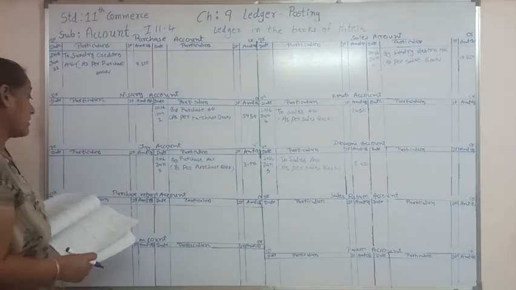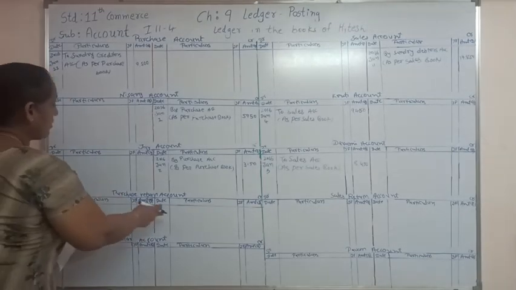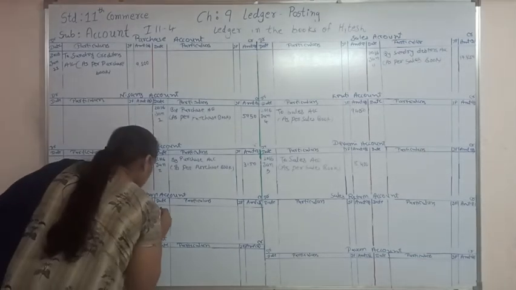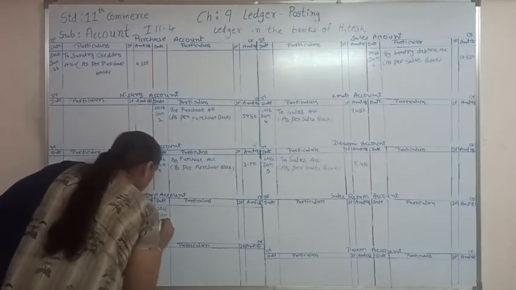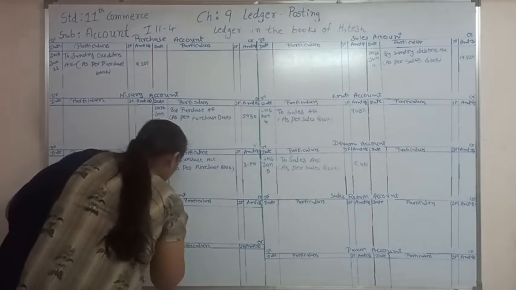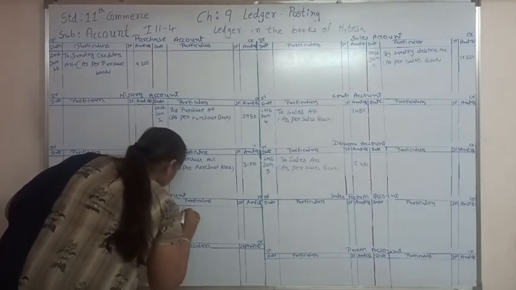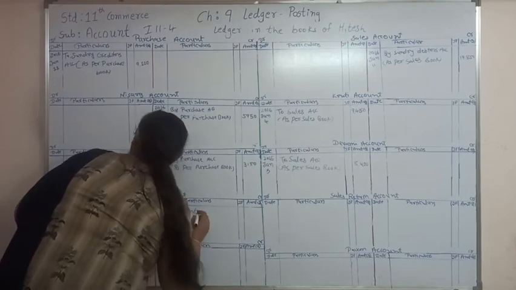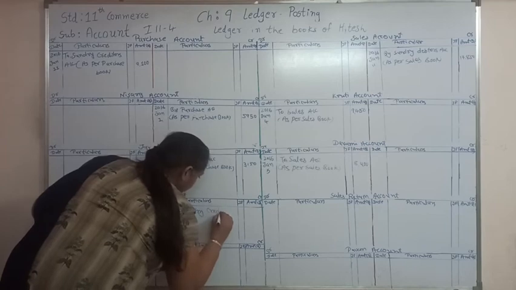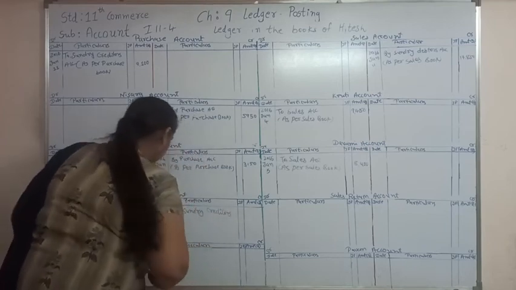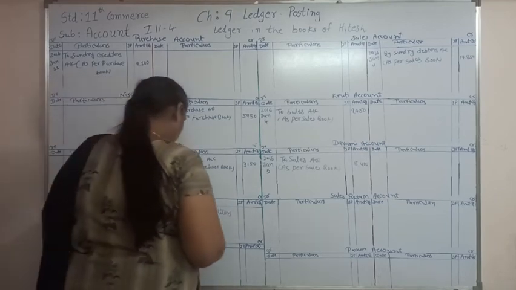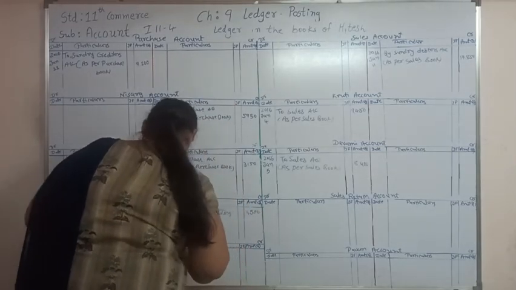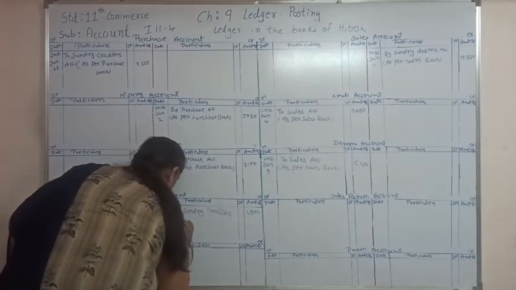Now let's see the purchase return. Purchase return is supposed to be written on the credit side of the purchase return account, 2016 January 11, by sundry creditors account, and here we are going to write the total amount of 1,500 as per purchase return book.